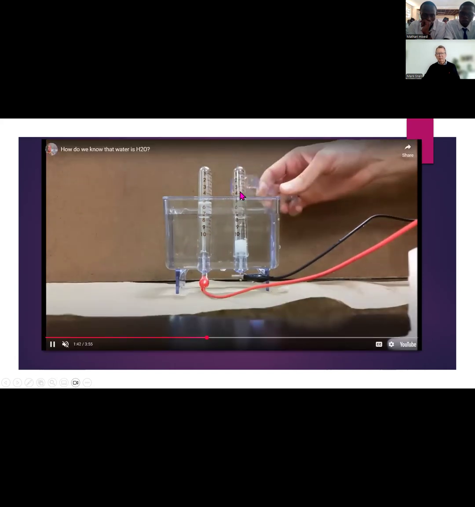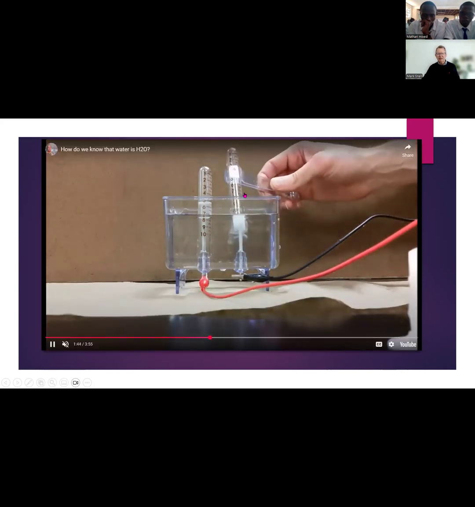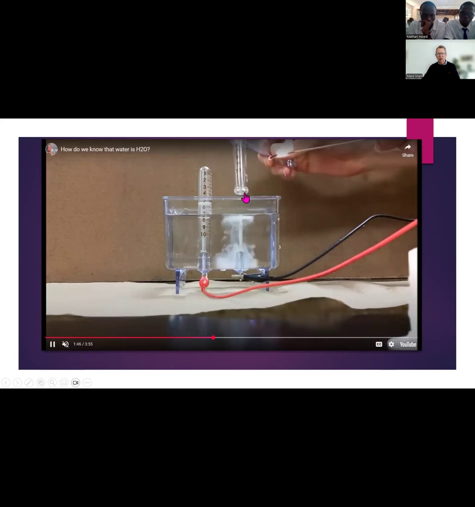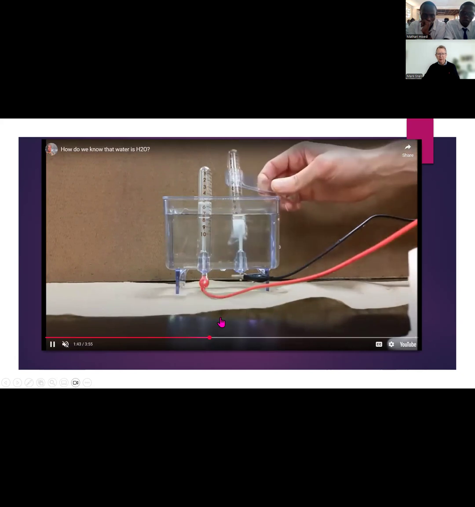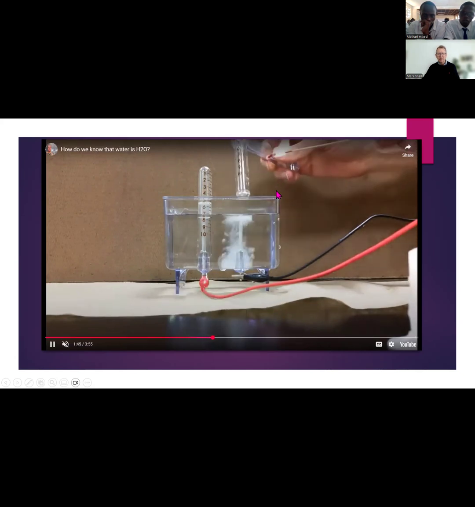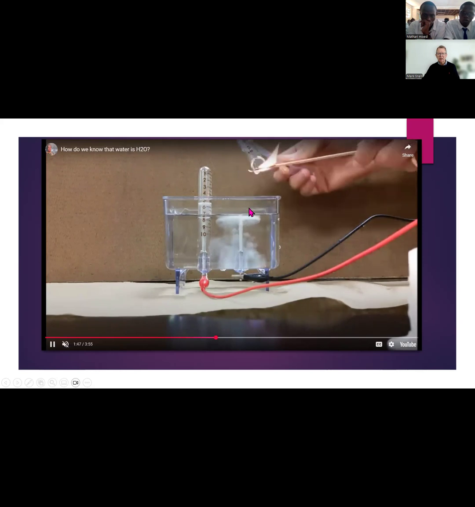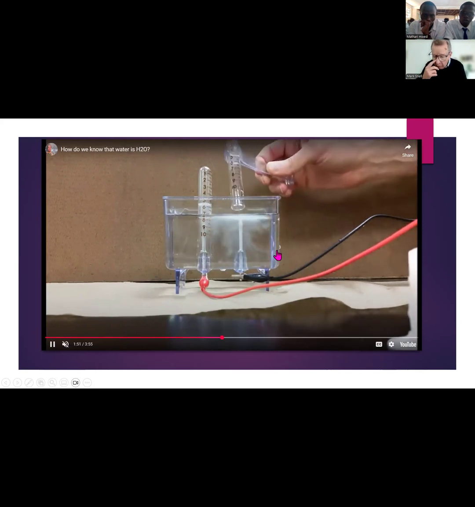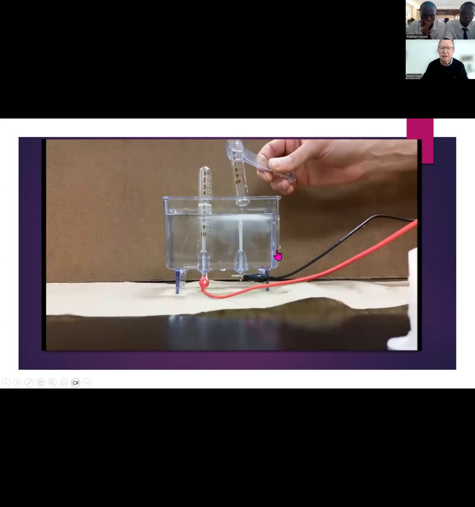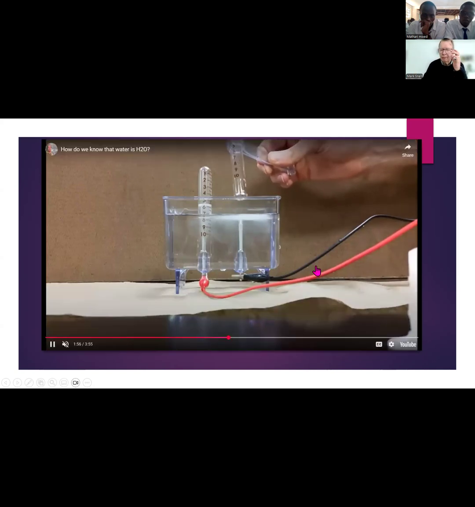So there, I'm going to pick up this and watch a little light. And did you see that? That is a small explosion. Watch it again. Watch as it goes in. There, a little explosion. That is a flammable gas. That is hydrogen. If you could hear it, you would hear a pop.